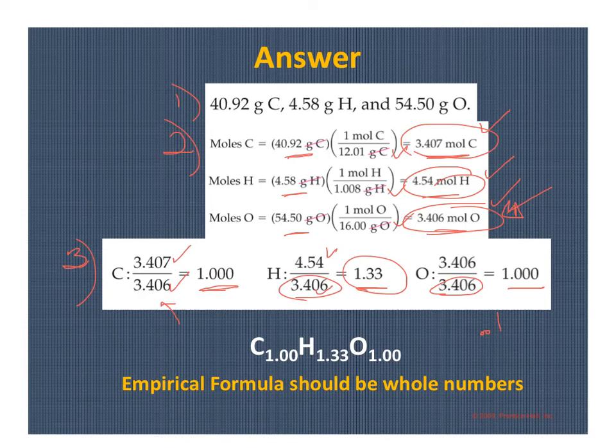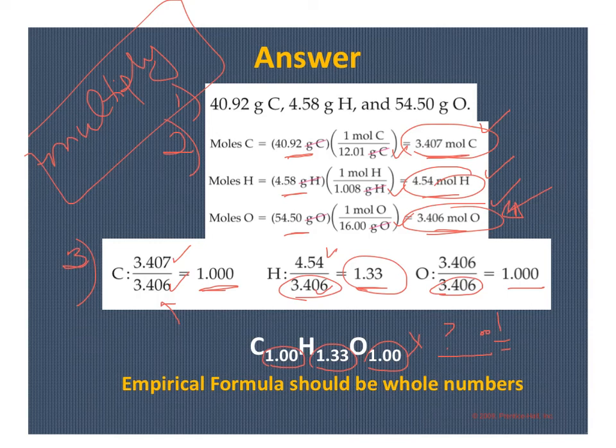So in this case, we've got to do the 5th step, which is multiply our mole values by some integer that will make each mole value be a whole number. So if you're not sure just by, like I can look at 1.33 and I just know in my head that if I multiply all of these subscripts by 3, I'll get whole numbers.